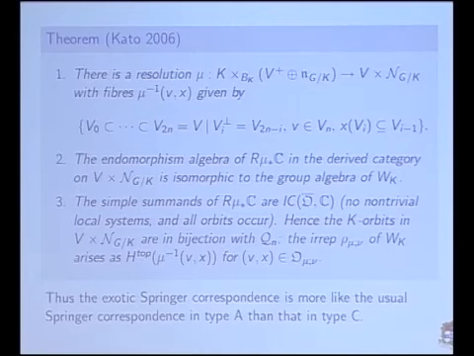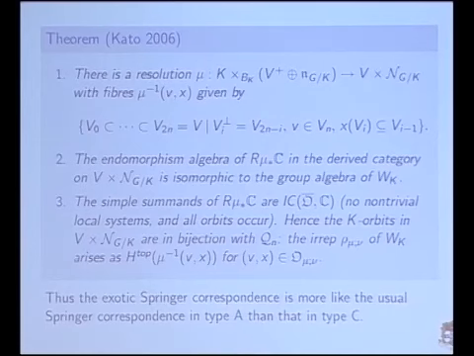There's no business with splitting it up according to representations of the A group or anything like that. So in short, the exotic Springer correspondence that Kato constructs is more like this clean picture in type A than the ordinary Springer correspondence is.